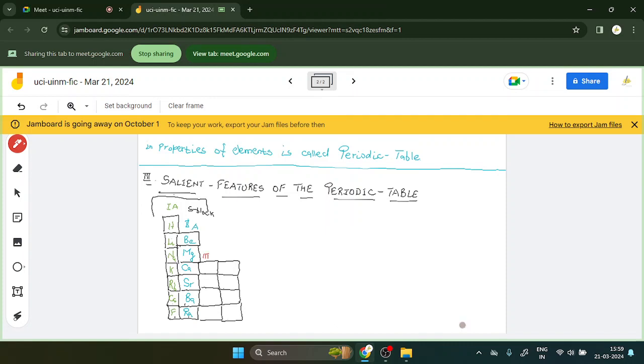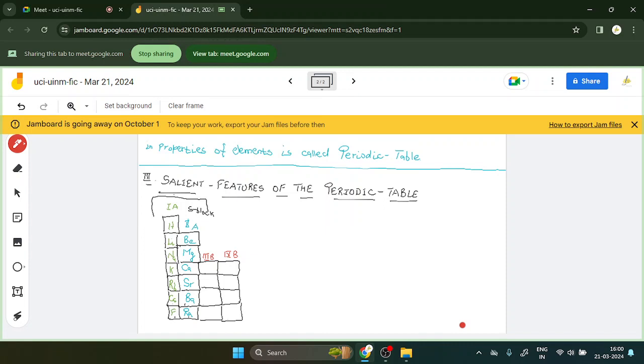So this was group second A, and this will be group third B, because these are another kind of group. This is D block, transition elements, third B, fourth B. It will continue, like 10 are there in total.